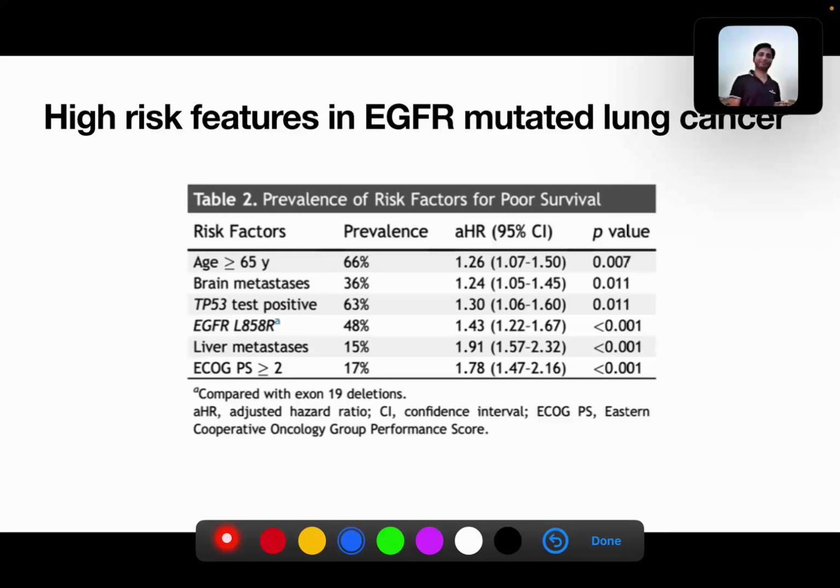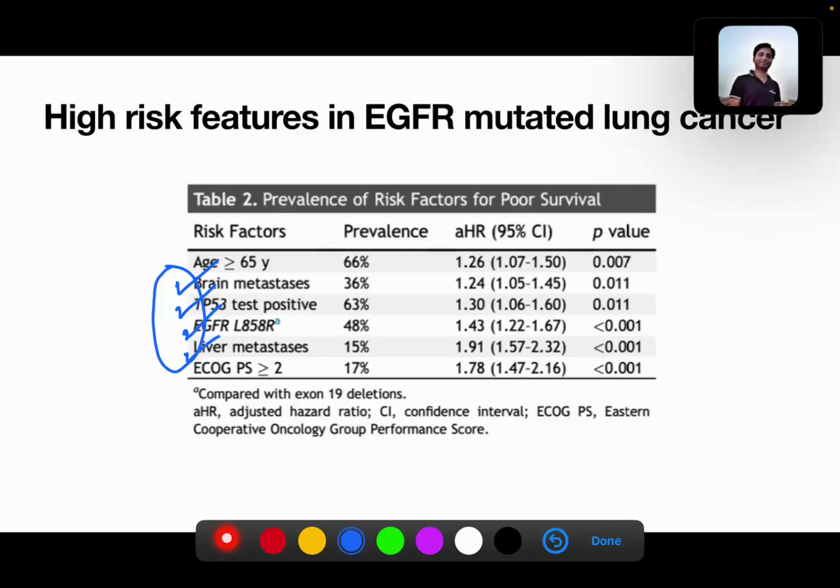So if patients have this, the outcomes are not as good with single agent anti-EGFR TKI. So what are those features? Brain mets. Those patients fare poorly with single agent EGFR TKI. TP53 co-mutation. Like we mentioned just earlier with osimertinib, EGFR L858R mutation. Presence of liver metastasis. So to circumvent all these deficiencies, we came up with combination therapies.